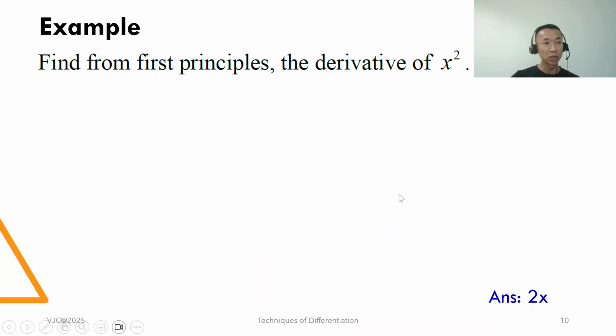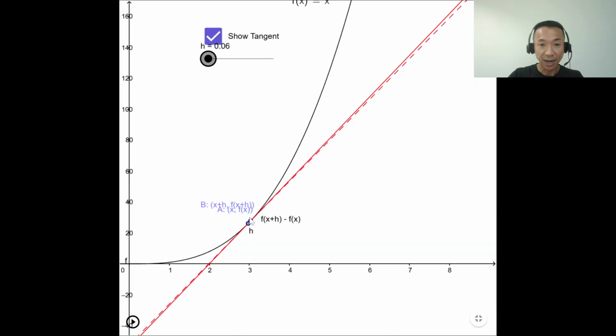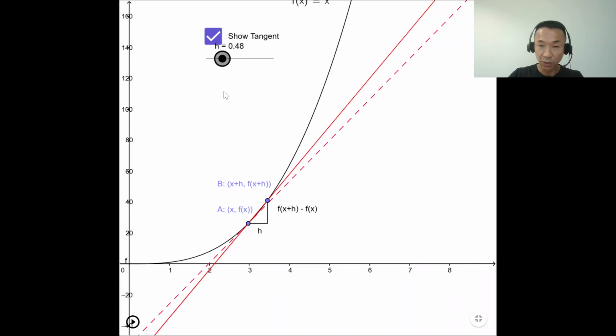Now what we want to do is to use first principles to help us explain why it must be 2x. Again, let's go back to this. It is when you let delta x be as small as possible, when you find the gradient of this chord PQ, as you get closer and closer to it.